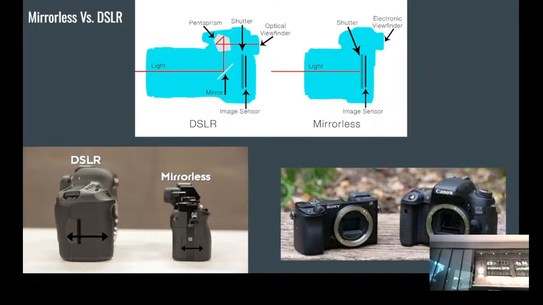Where we also see huge changes is that when we look at a DSLR versus a mirrorless, we can see how much smaller and thinner the bodies have become, because there's less gear to lug around. Looking at the image from the front, you can see the mirror on the inside of the Canon EOS T6i, and you can also see the sensor on the Sony Alpha camera below it.